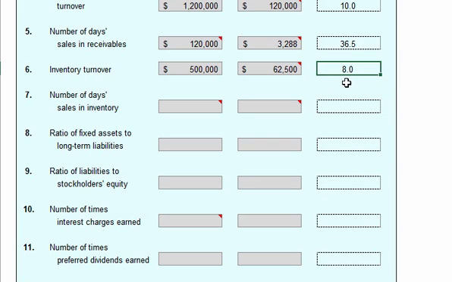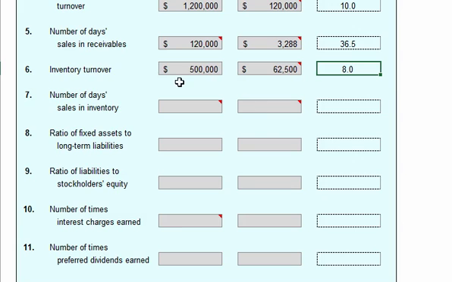You guys, 8 might be really good for a company, 8 might be really poor for some other companies. What it depends on is how much is your markup. And we'll get to that in just a second. If your markup is really high, then you can turn over inventory fewer times during the year and still be profitable. If your markup or margin is really low, then you have to turn over inventory lots of times to be profitable during the year.